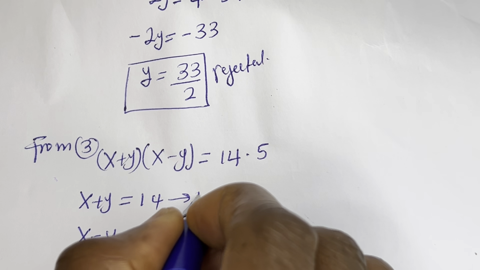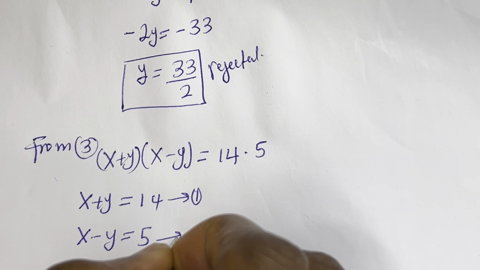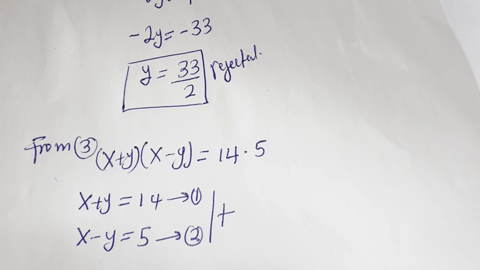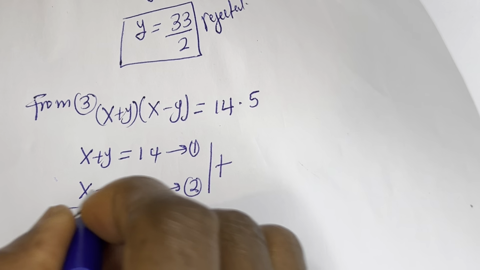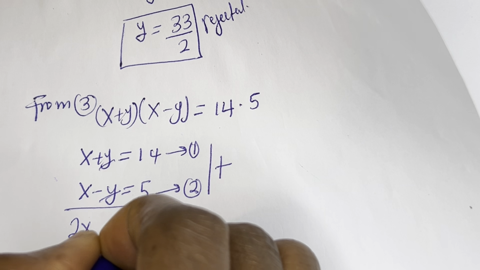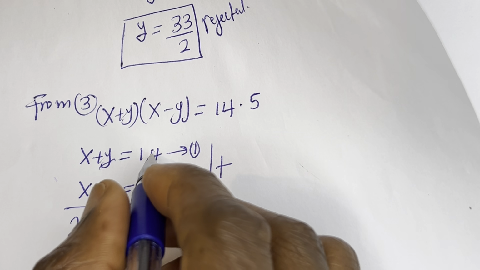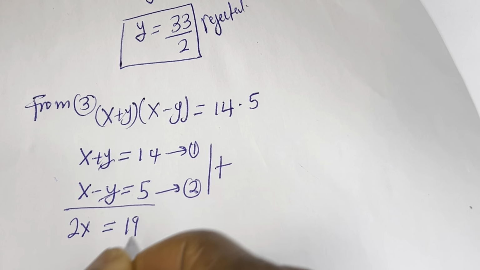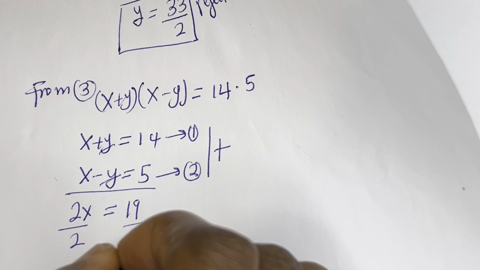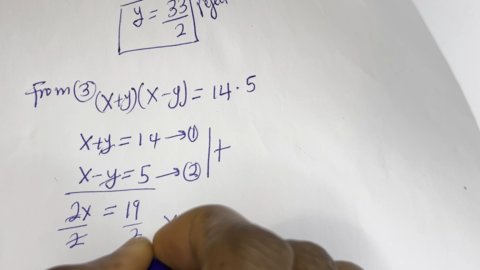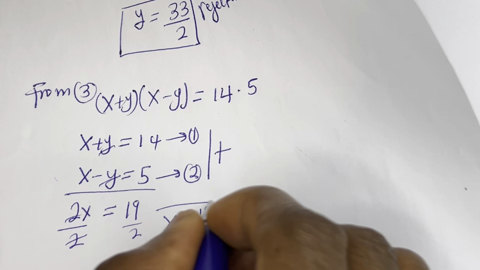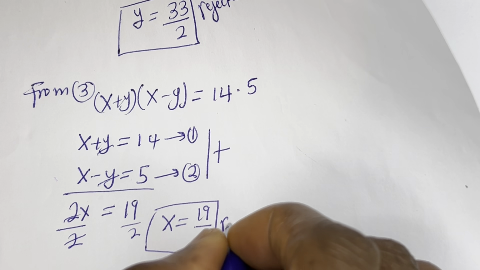This is equation 1, this is equation 2. Let's solve this using the elimination method. x plus x, this is 2x, this will cancel, is equal to 14 plus 5, that is 19. Then if you divide both sides by 2, x is equal to 19 over 2. This is not a natural number. It is also rejected.